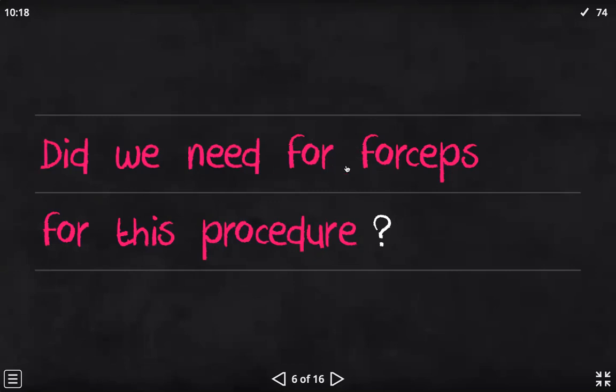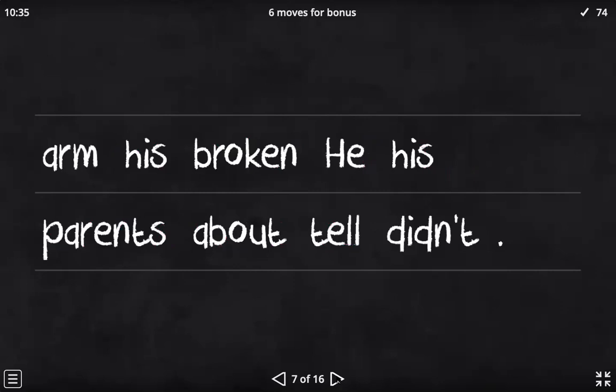No sé por qué se pasó, pero no va ahí. La oración es, did we need forceps for this procedure? Sí. Eso es. Este for no sé qué pasó. Así que ignoren ese que está acá entre need y forceps. Ok, ahora sí. So how do we begin this sentence?